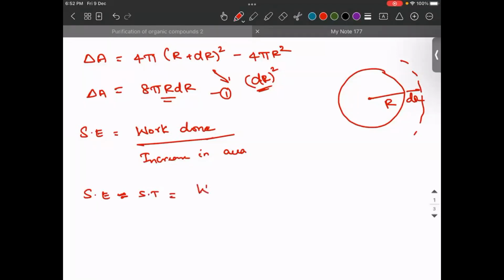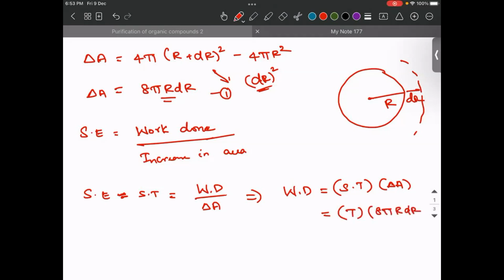So this will be equal to work done divided by increase in area, which implies work done is equal to surface tension into increase in area. So what is the value? Here it is T into the increase in area that has taken place, 8 pi r dr. Right? 8 pi r dr.